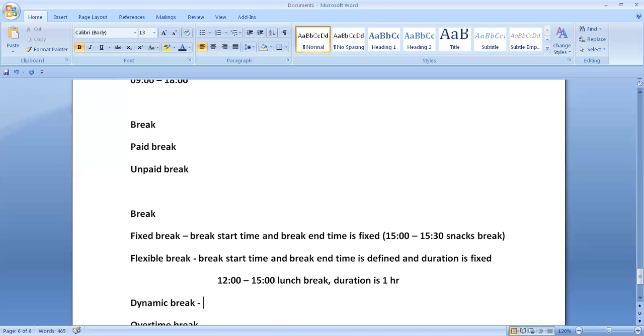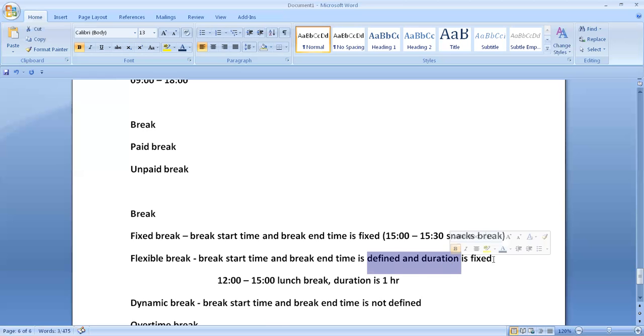Let's talk about dynamic break. In a dynamic break, the break start time and break end time are not defined, and the duration is fixed. That is what a dynamic break is.